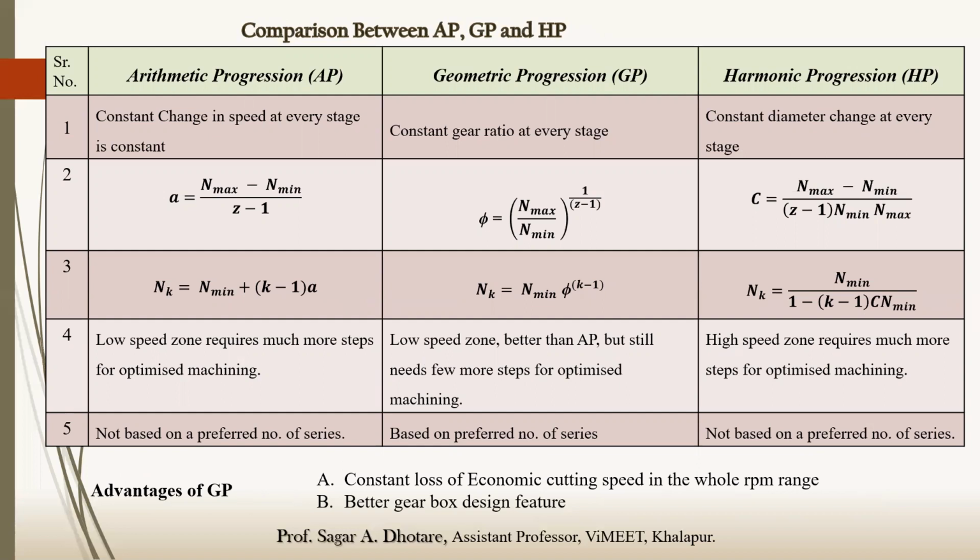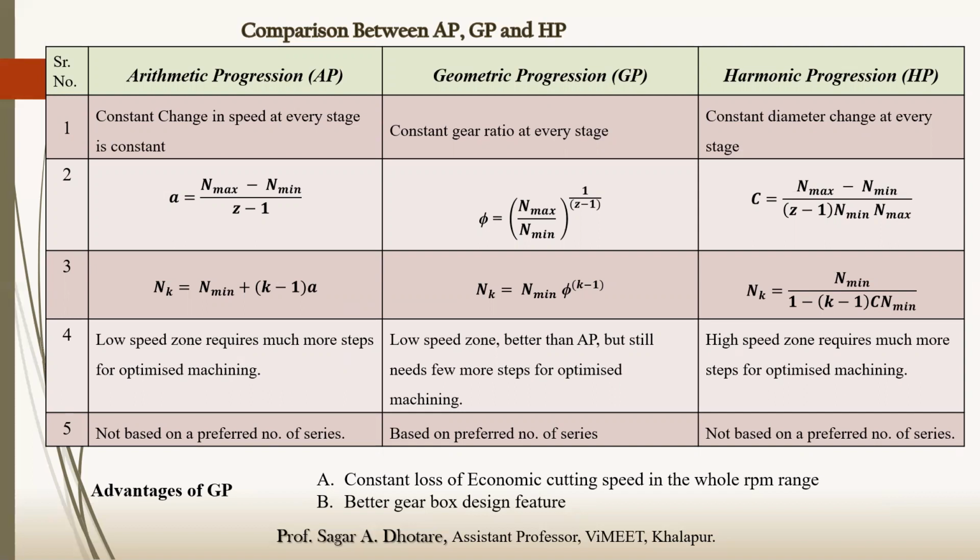If we consider the change in speed, in arithmetic progression the change in speed at every stage is constant. In geometric progression, the gear ratio at every stage is constant. In harmonic progression, the diameter change at every stage is constant.